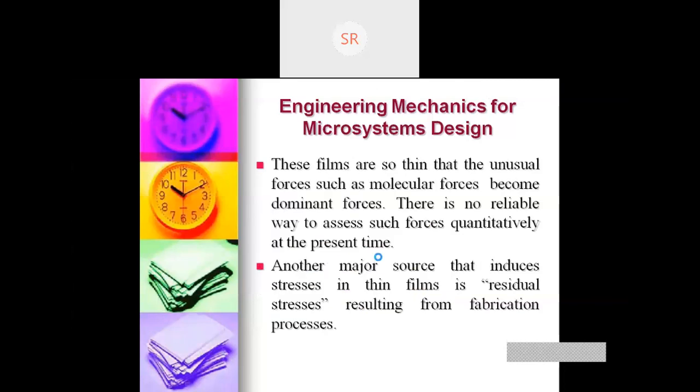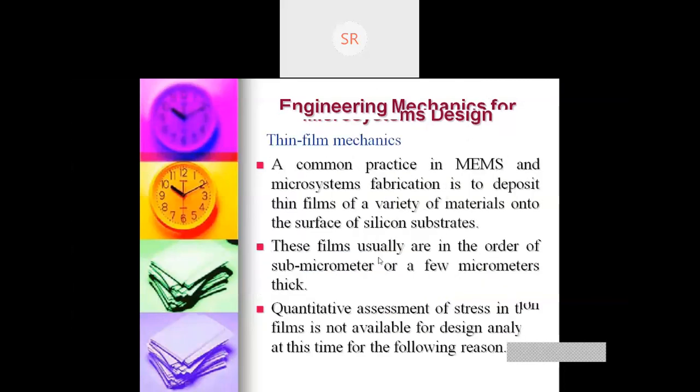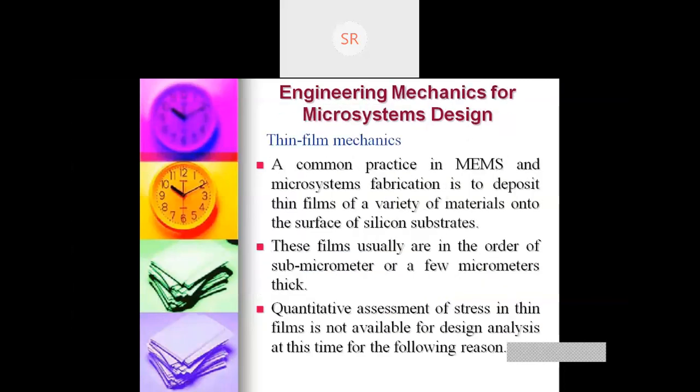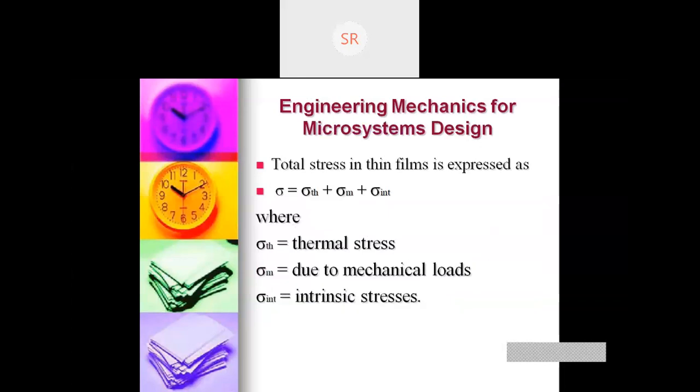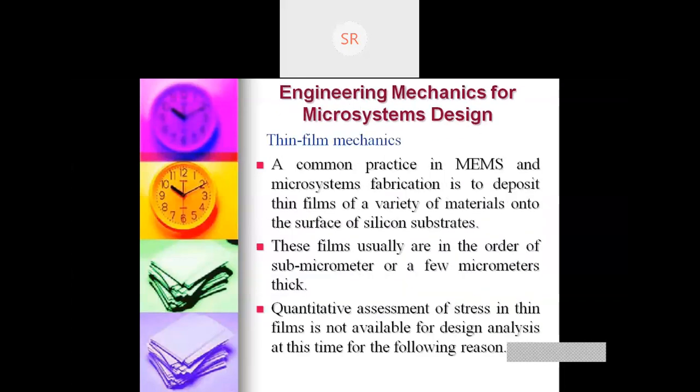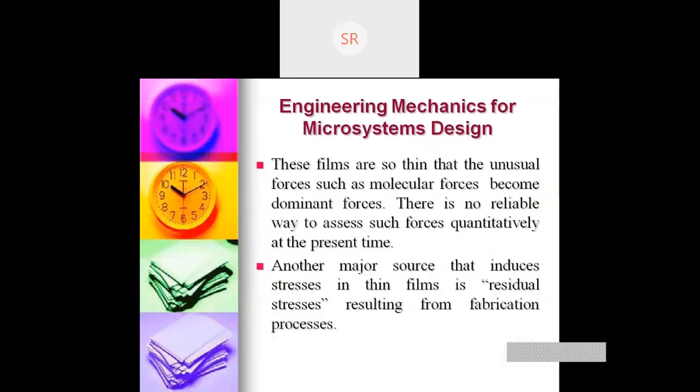In the examination, the question can be like: write a note on thin film mechanics, maybe for 4 marks or 6 marks. Under that condition, you have to write what a thin film is and the two factors that come into play on the thin film: one is the residual stress and the other is the molecular force.